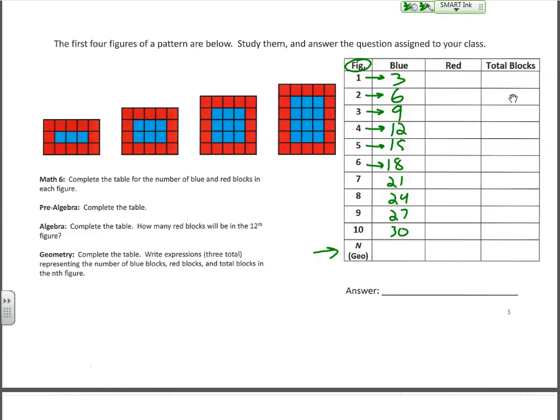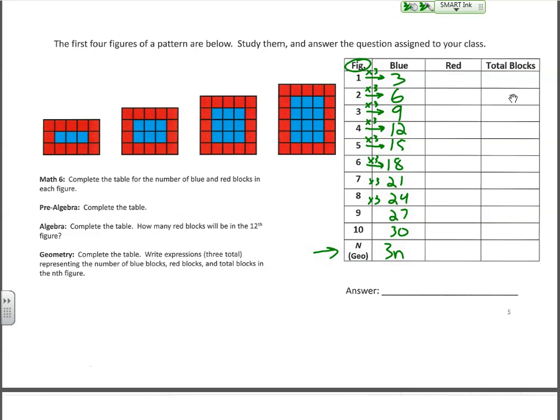It probably doesn't take long to realize, oh, I'm just multiplying the figure number by 3. And that gets me the number of blue blocks in each figure, right? So your expression for the nth figure would be 3n, meaning that if I plug in any value for n into that expression, it's going to tell me how many blue blocks would be in that figure.